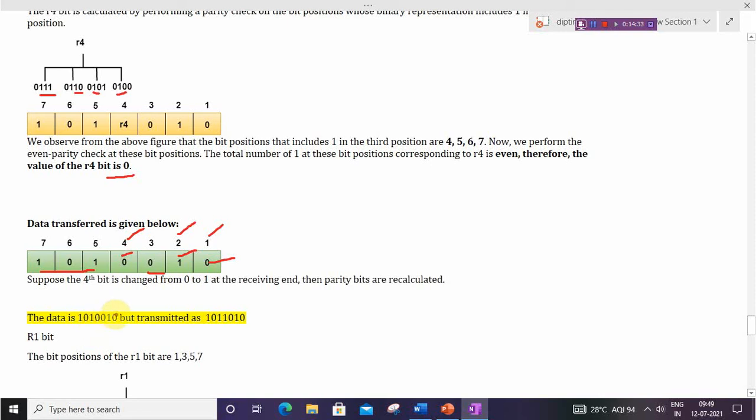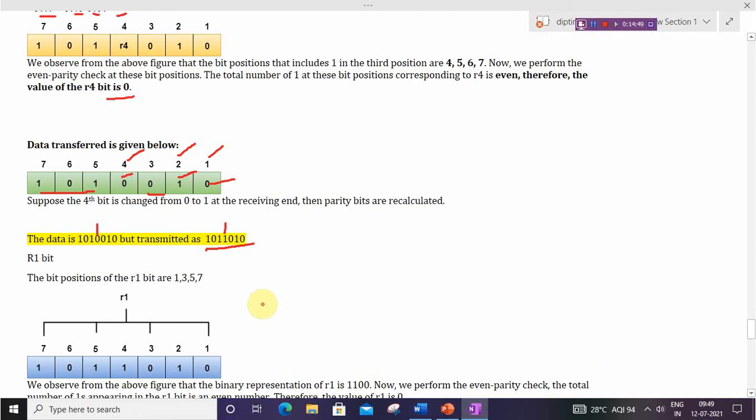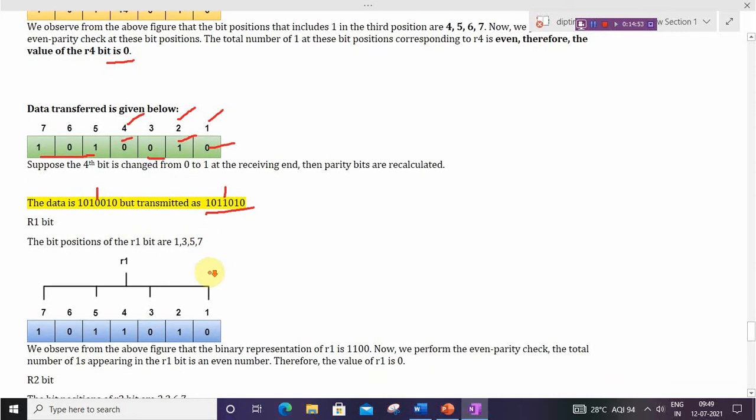Okay, the fourth bit, this 0, is changed to 1. Means at the receiver side it gets 10111010. Okay. So now at the receiver side, the receiver again recalculates the R1 bit.